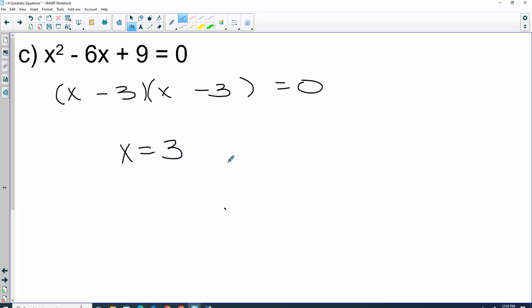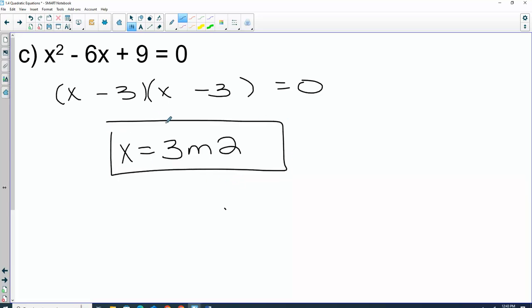What I would like to get in the habit of, because later on in the semester it makes a big difference, that answer showed up twice. And so to show that it was an answer twice, we are just going to write m for multiplicity and 2 beside it. Not that you were wrong if you just listed 3, that is the solution, but the multiplicity changes our graphs when we draw these things.